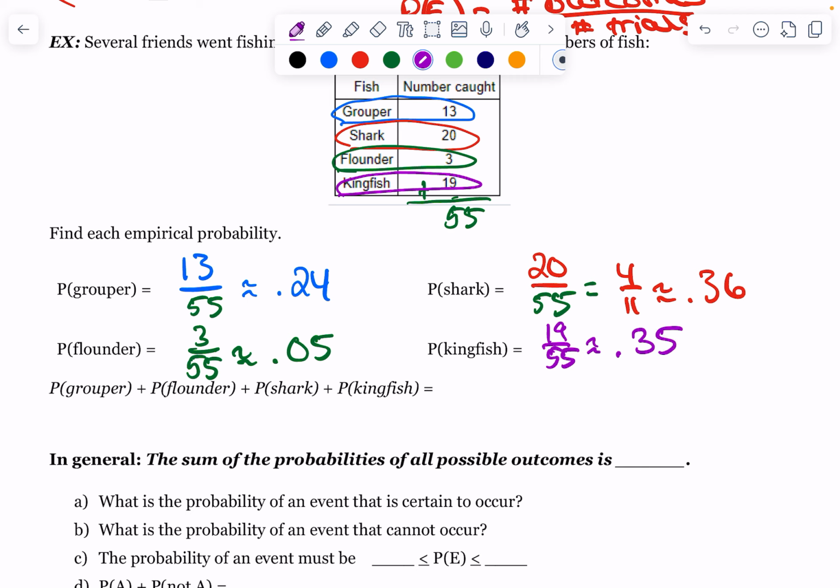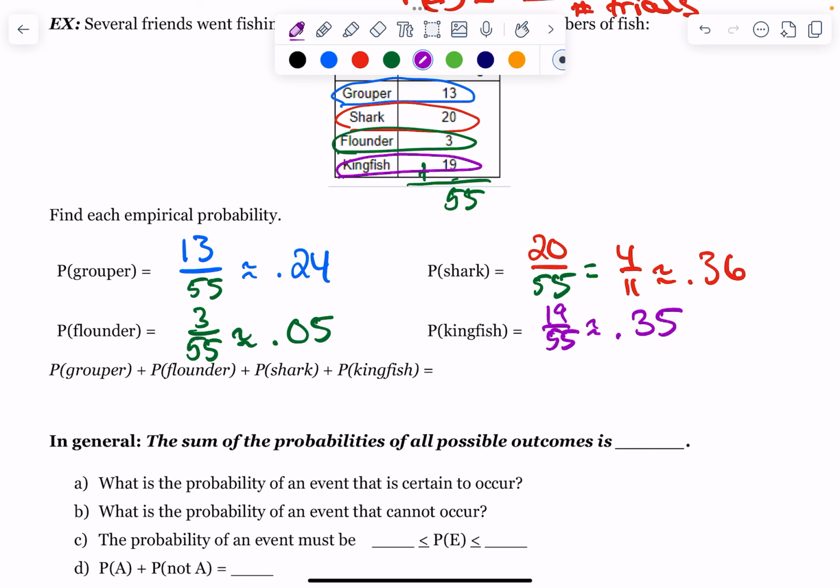Okay, next we're going to calculate the probability of the grouper, which is 13 over 55, plus the probability of the flounder, which is 3 over 55, plus the probability of the shark, 20 over 55, and then the kingfish, which is 19 over 55.